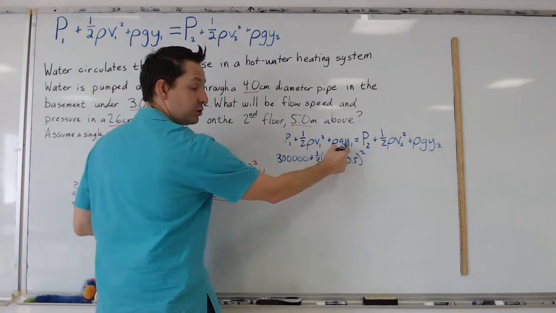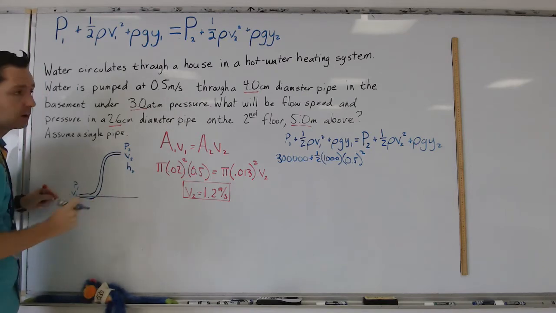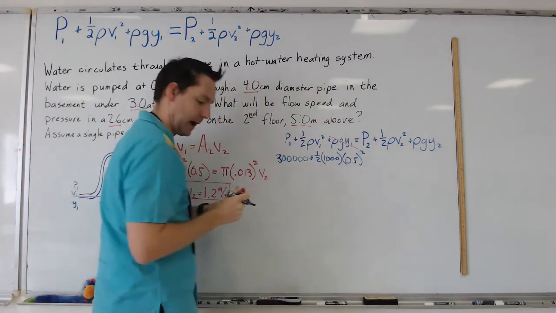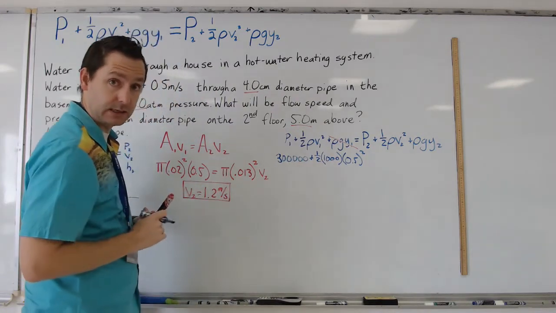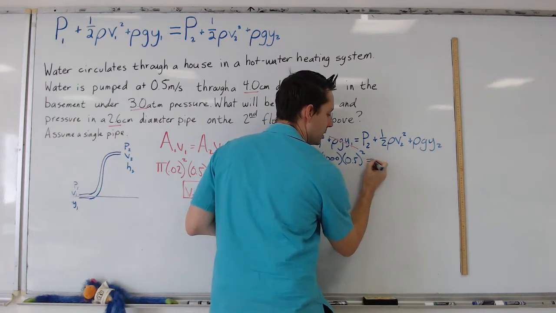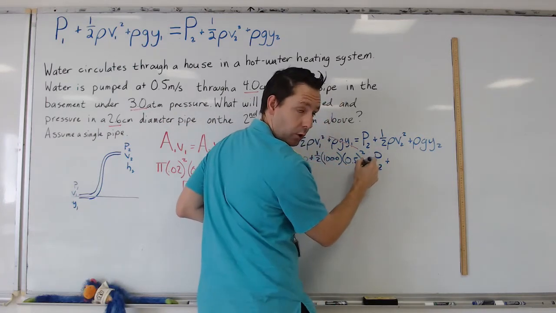Now this rho g y is based off of the height of point 1, which we've defined as 0. And so that's actually going to be really nice. This is going to be 0 because the height y1 is 0. And so that's going to go away. So then we can just go straight into equals pressure 2. That's what we're looking for.